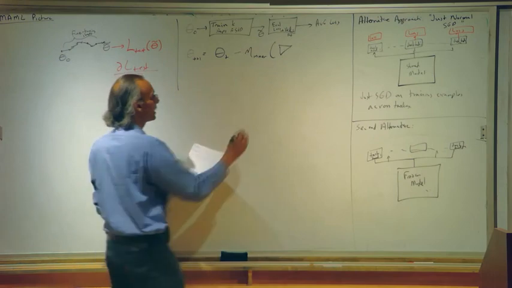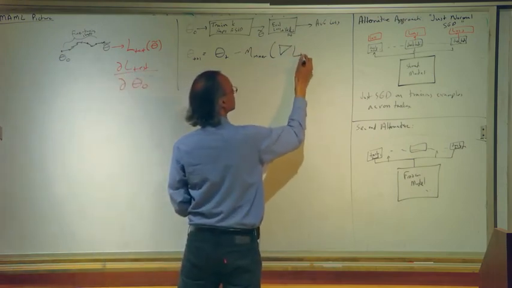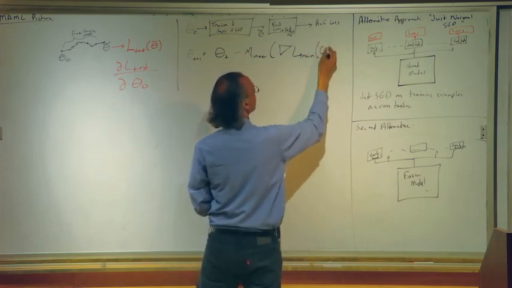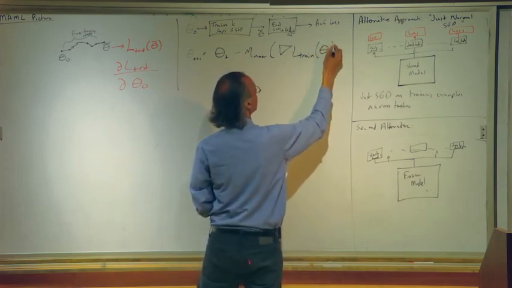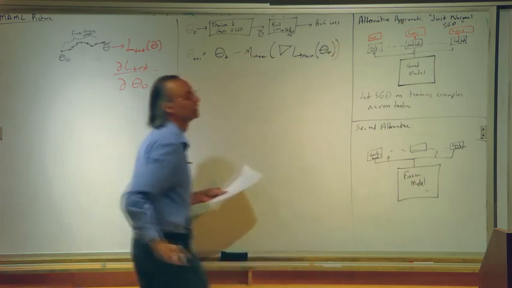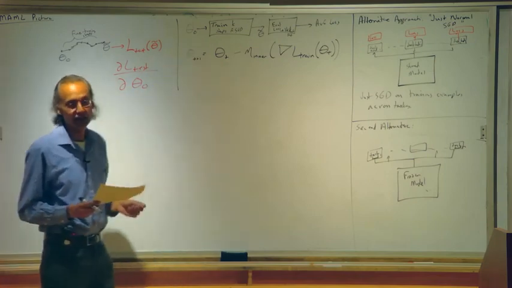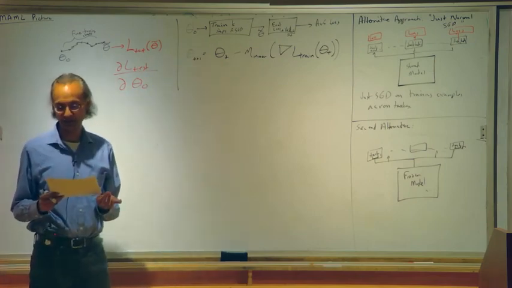And here I have the gradient of a training loss evaluated on theta t. These are the gradient updates of k steps of SGD inside here. Now I could have weight decay if I wanted.